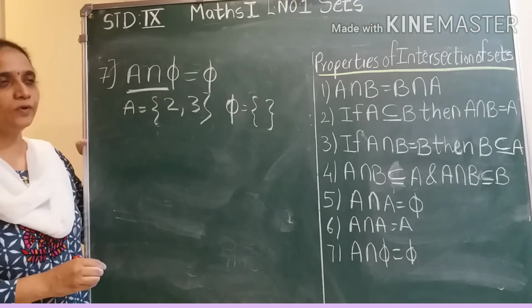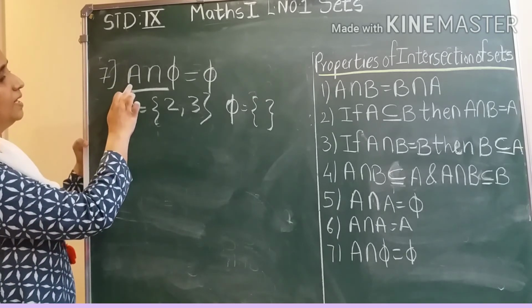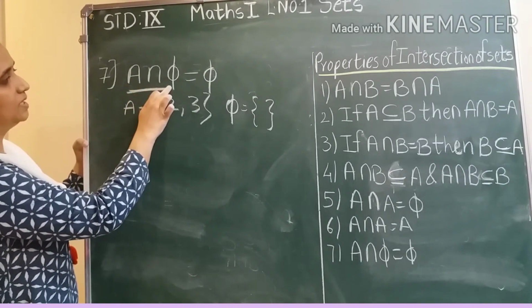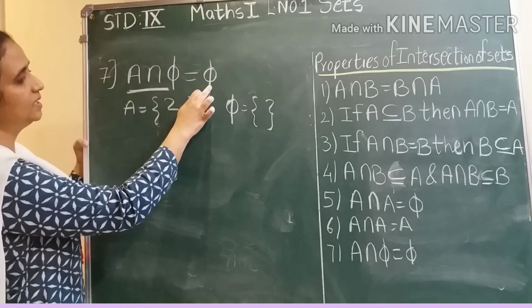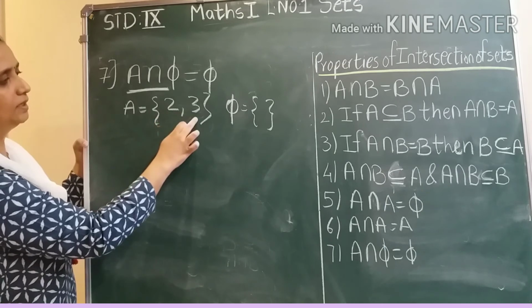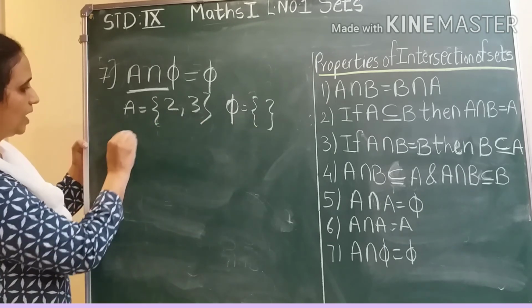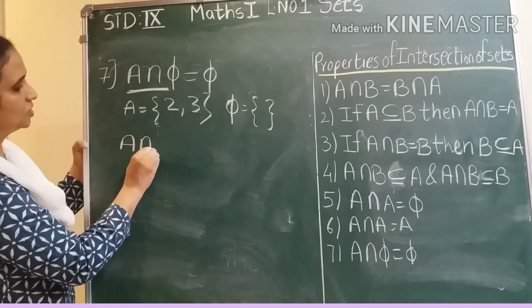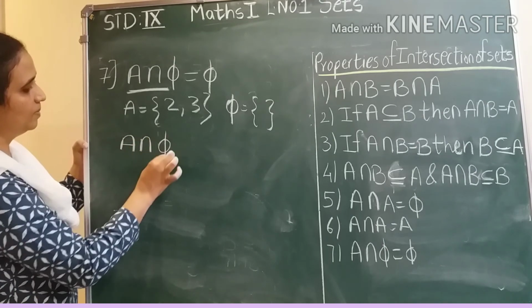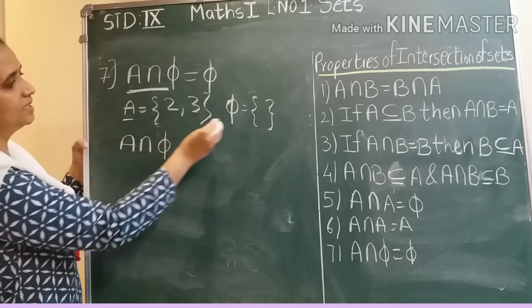Now we are going to verify the last property. The last property is A intersection empty set is equal to an empty set. We have set A. It contains two elements 2 and 3, and the empty set means it will not contain any element. Now A intersection of an empty set. This is our A set, this is our empty set.